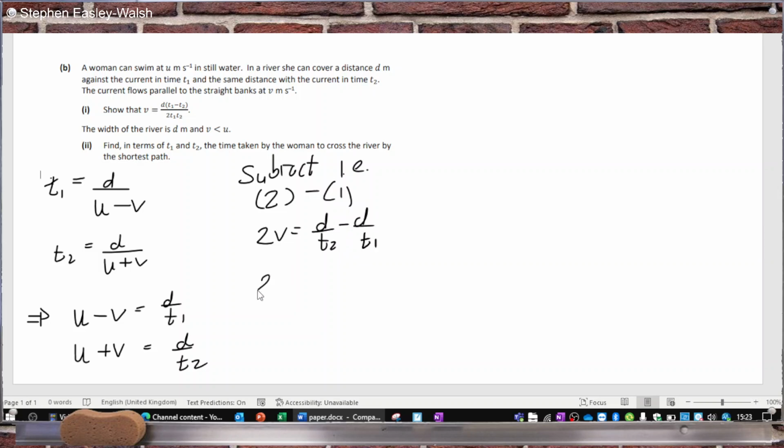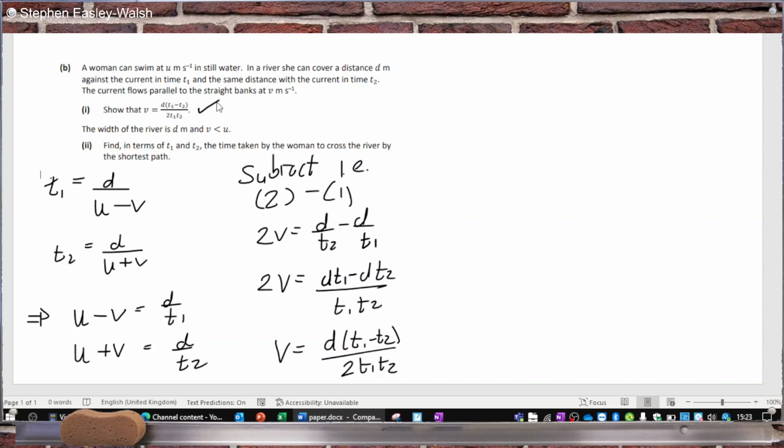So that means 2v equals (d t1 minus d t2) over t1 t2. So v equals d(t1 minus t2) over 2 t1 t2, which is perfect.